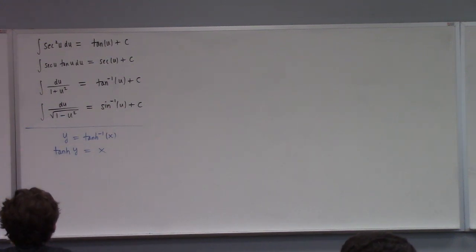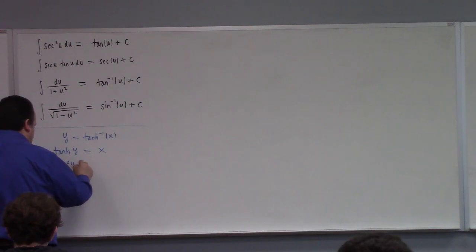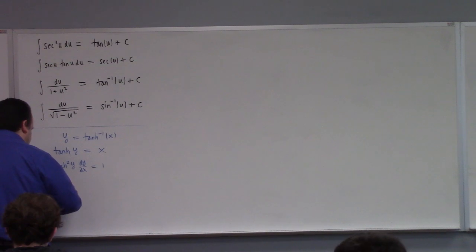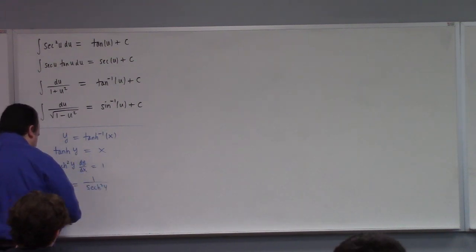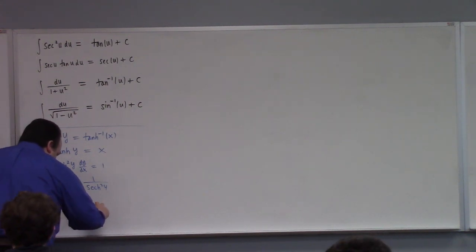Remember, tangent is sinh over cosh. Use the quotient rule, and when you work through that, you'll see what you get is hyperbolic secant squared. So this gives us hyperbolic secant squared of y, dy dx by the chain rule, equals 1, which gives us dy dx is equal to 1 over hyperbolic secant squared. But remember, cosh squared y minus sinh squared y is equal to 1.